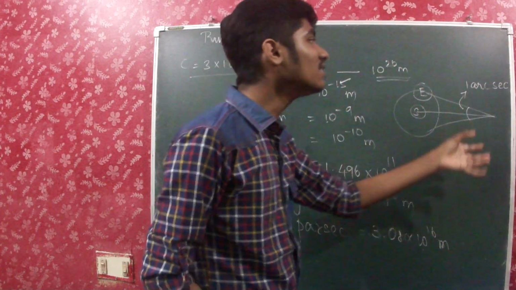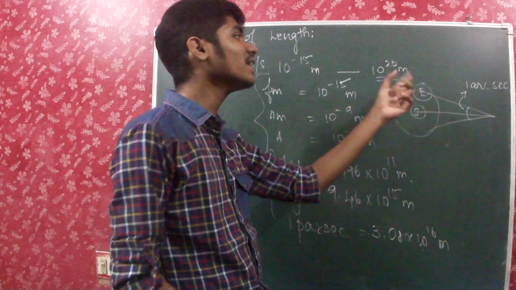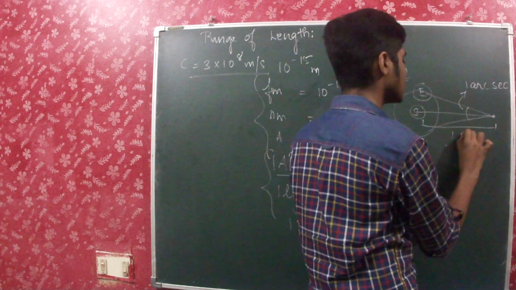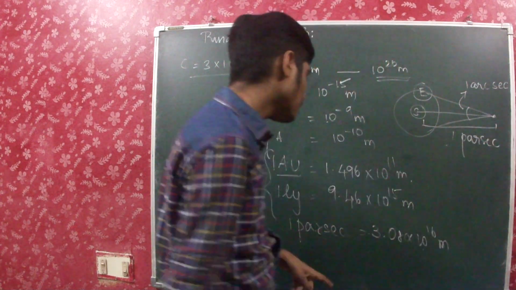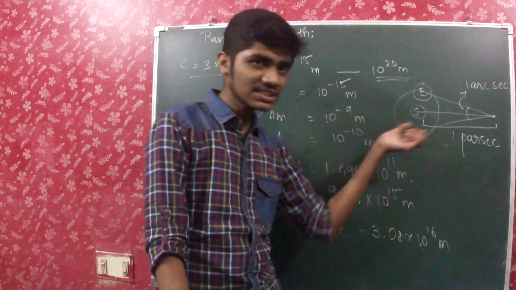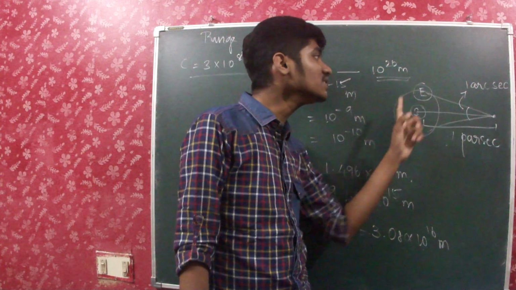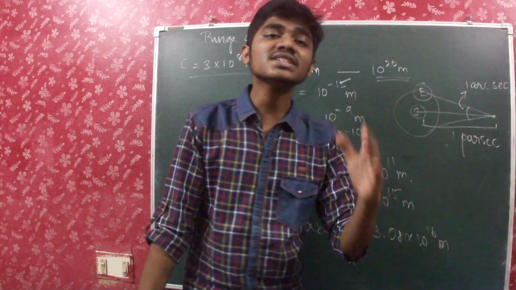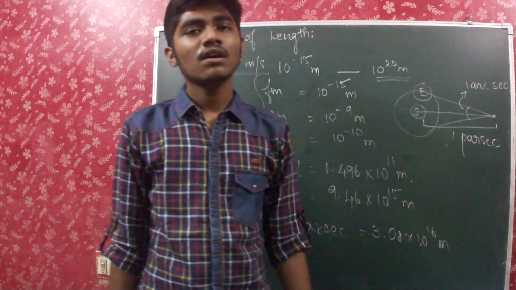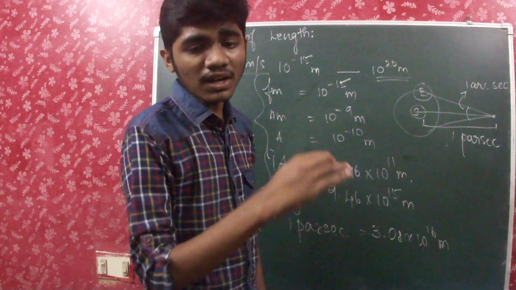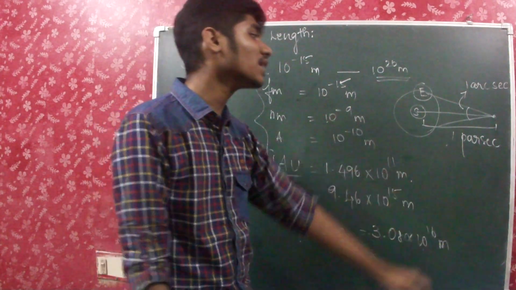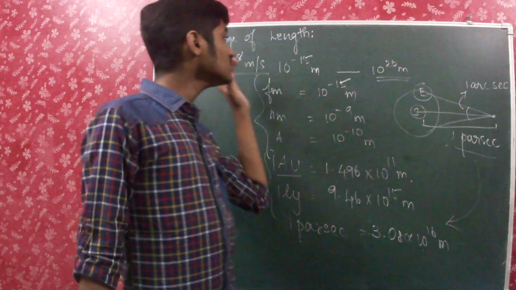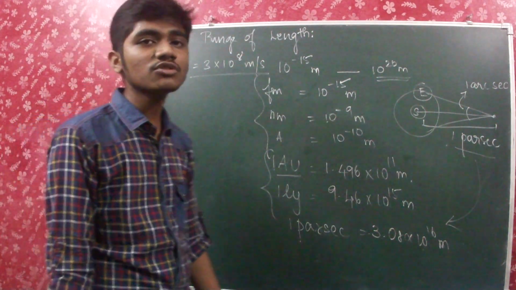Okay, so if an angle called 1 arc second is subtended by the orbit of the Earth at one point, then the distance is known as 1 parsec, and the distance is 3.08 into 10 to the power 16 meter. So this is what is known as the things which are used to measure length.